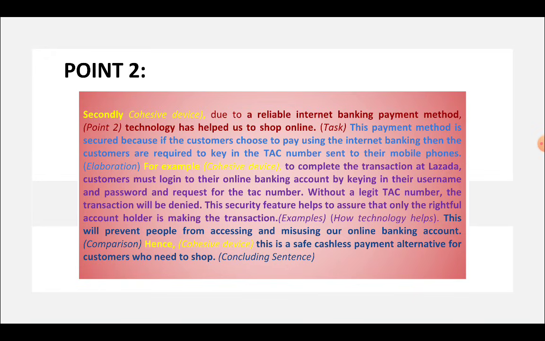The customers are required to key in their username and password and request for the tag number. So without a legit tag number, the transaction will be denied. So we are talking about the safety of online transactions due to the advancement of technology.